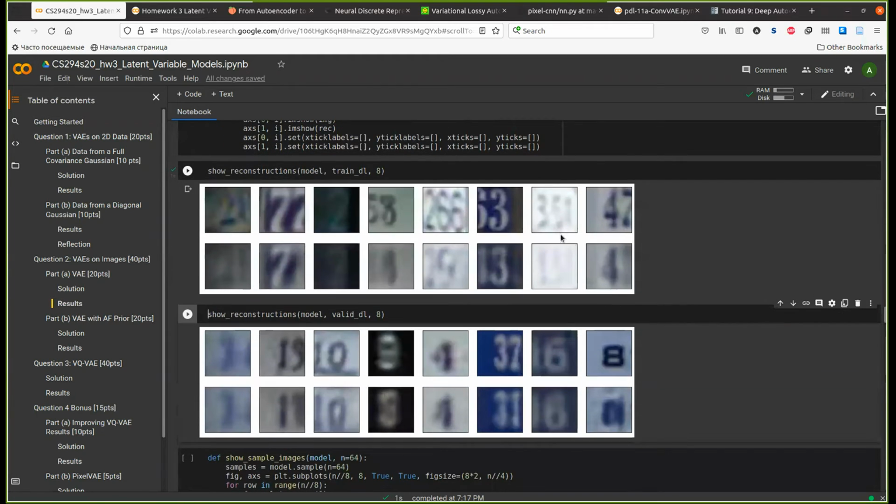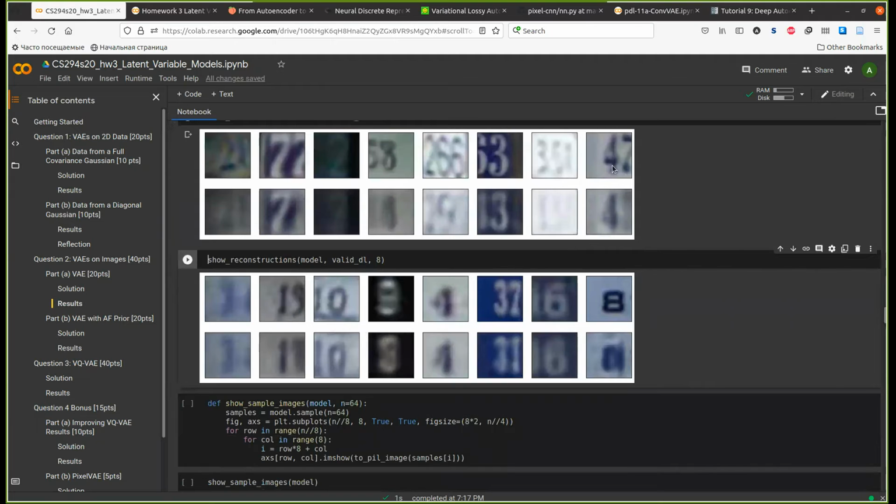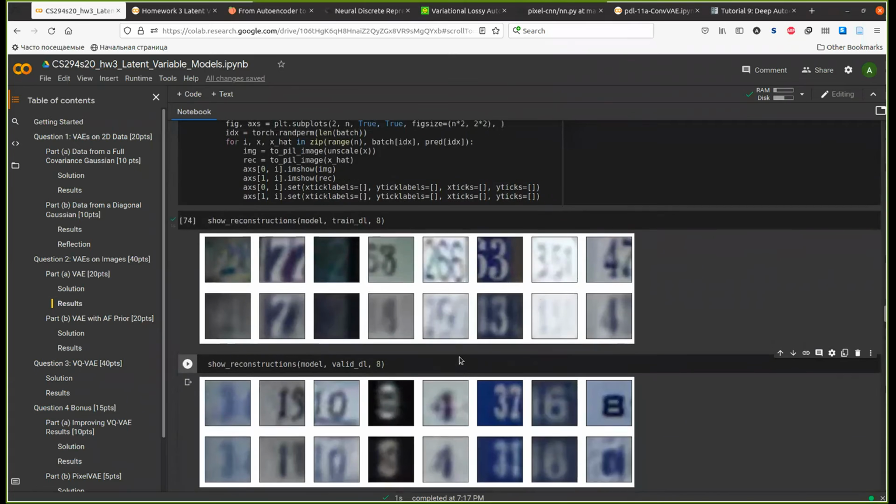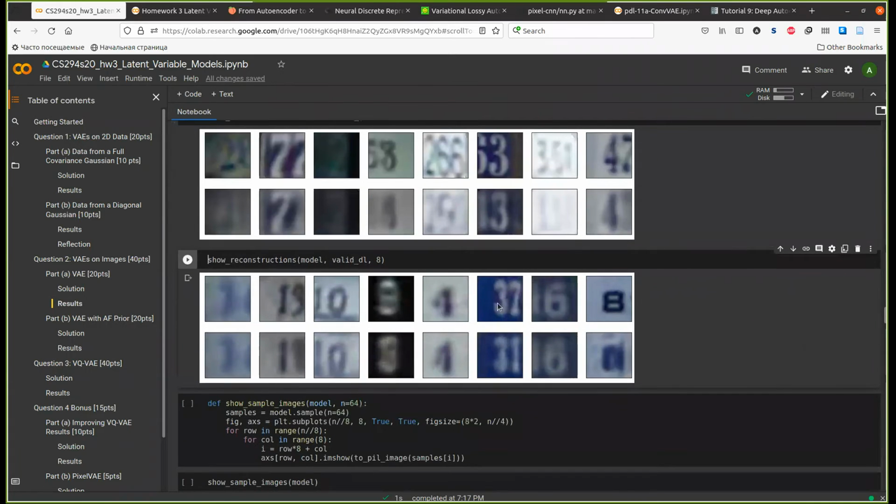I think I had a better result the previous time I ran it, but it is what it is, right? And the previous time, I have another set of reconstructions here. Notice that even though it is blurry, I think this 6 is nicer than the original one, it's a better type.